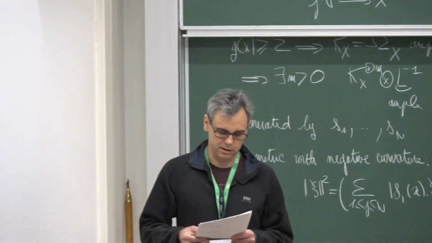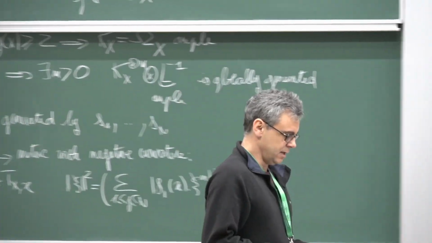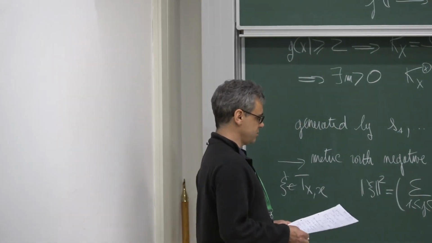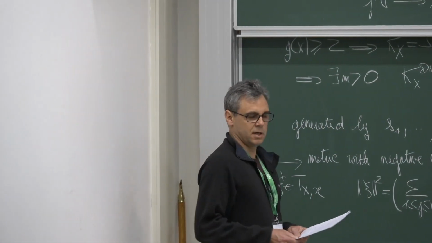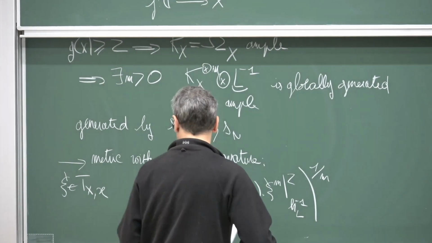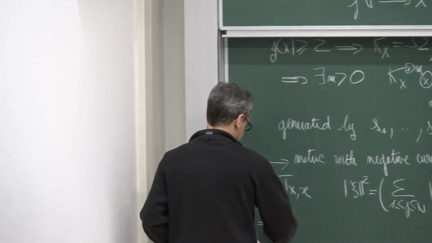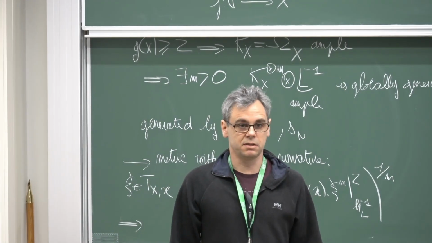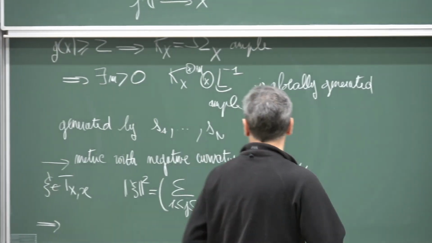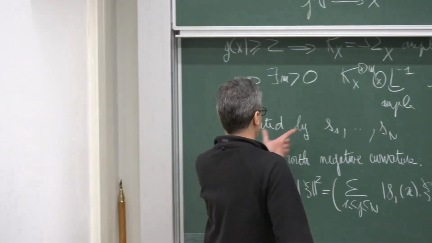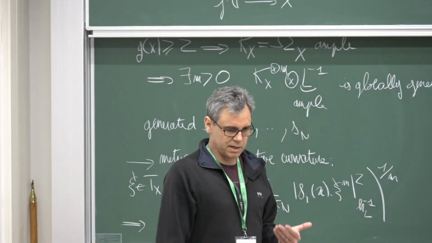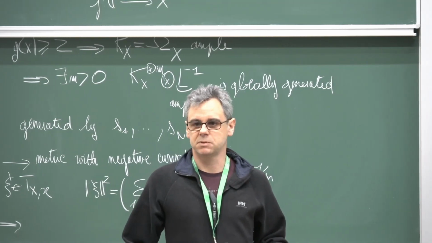So this is a metric, and it's not difficult, if you compute the curvature, to see that it has negative curvature. And then the conclusion is just an easy application of the classical Ahlfors-Schwarz theorem, which tells you that if this f was non-constant, this would give you a metric of negative curvature on C. It's not possible.